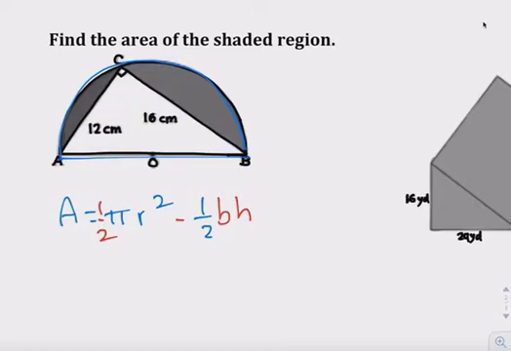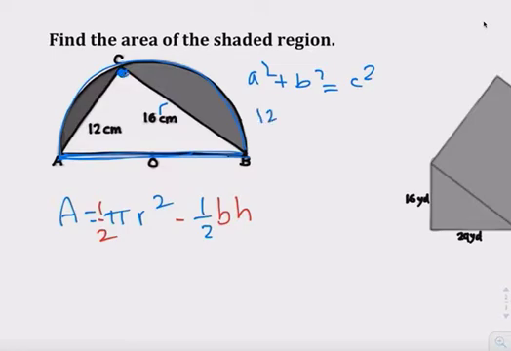So let's look. Let's do the circle first. We don't know what this distance is. We can find it though by doing a squared plus b squared equals c squared, because this is a right angle right here. It tells us it's a right angle.